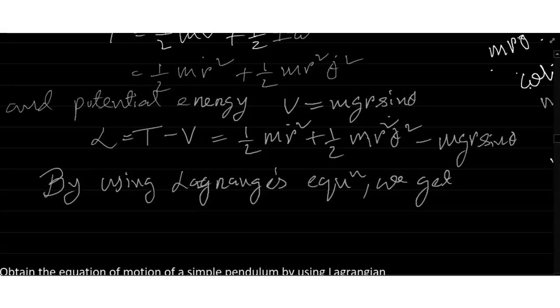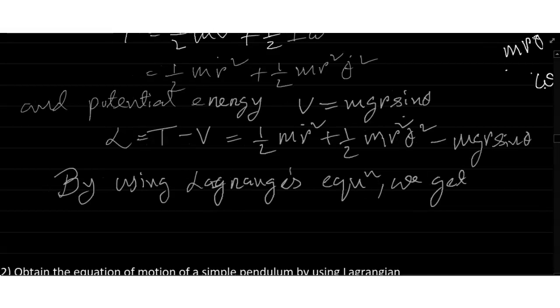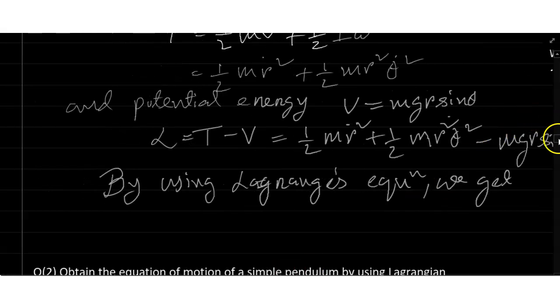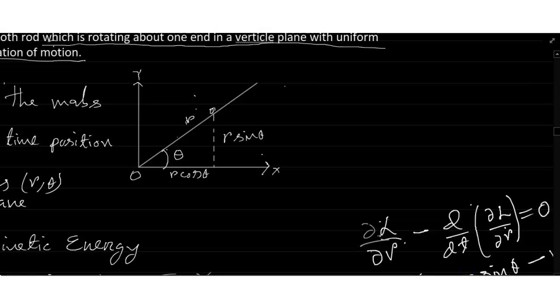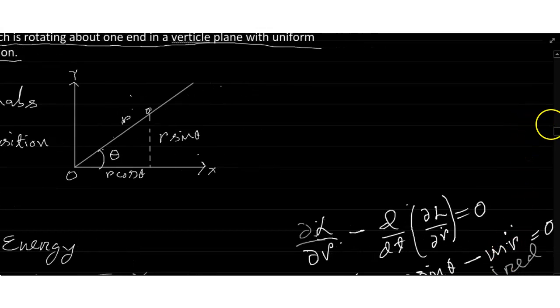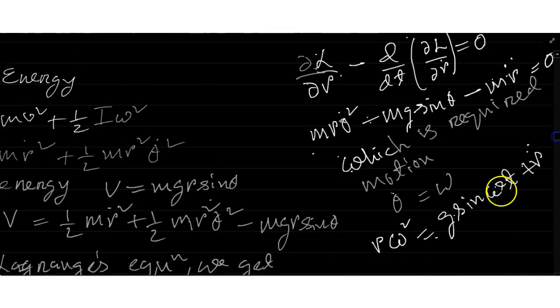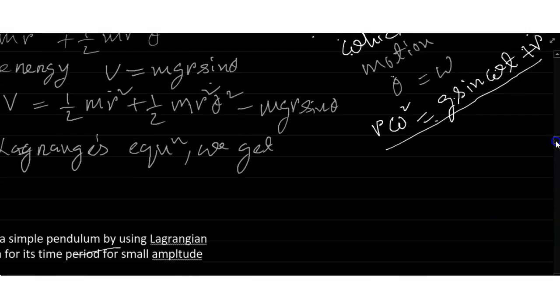So our question is to find the equation of motion, and my equation of motion is this: r omega square minus g sin omega t minus r double dot equals 0.